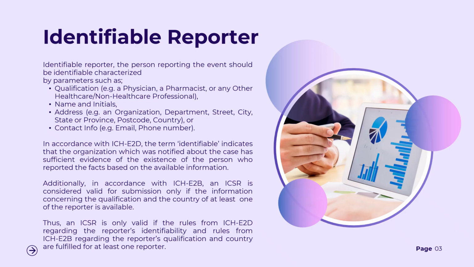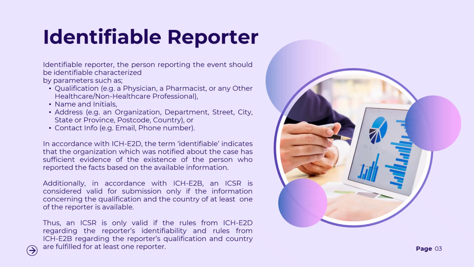For any reporter to be considered identifiable, there should be sufficient evidence that that particular person actually exists. For example, we have a line which says an anonymous person online said that the drug caused dizziness. We don't know who that person is, or where that person is from.